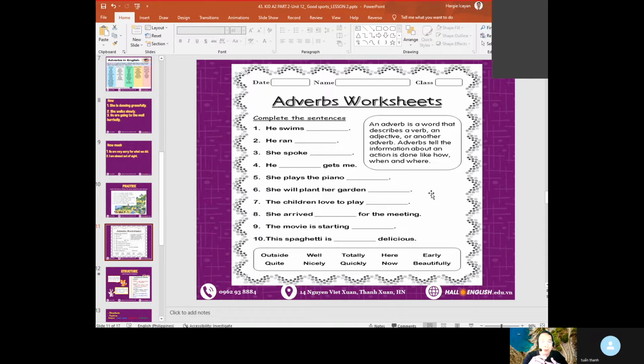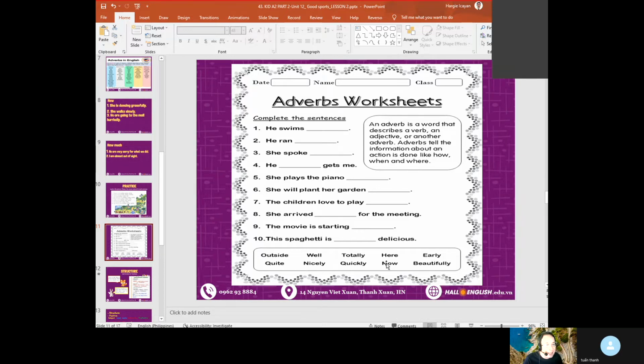So what do you think would be the correct one? Just choose one. Oh, it's here. So we need to choose here: outside, well, totally, here, early, quiet, nicely, quickly, now, beautifully. So what do you think? He swims nicely. Okay, it could also be like that, because the way he swims is very nice.